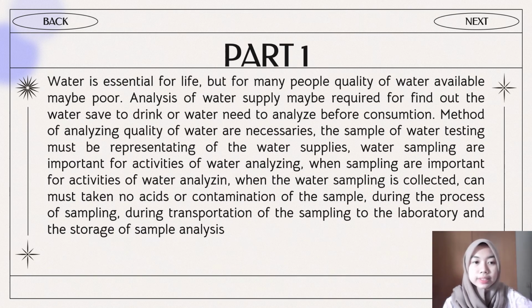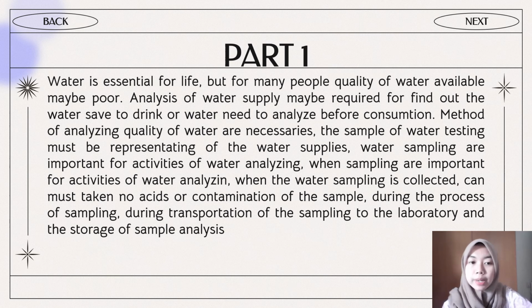Okay, part 1. Water is essential for life, but for many people, the quality of water available may be poor. Analysis of the water supply may be required to find out whether the water is safe to drink, or whether it needs to be analyzed before consumption. Methods of analyzing water quality are necessary. The water sample must be representative of the water supplies.